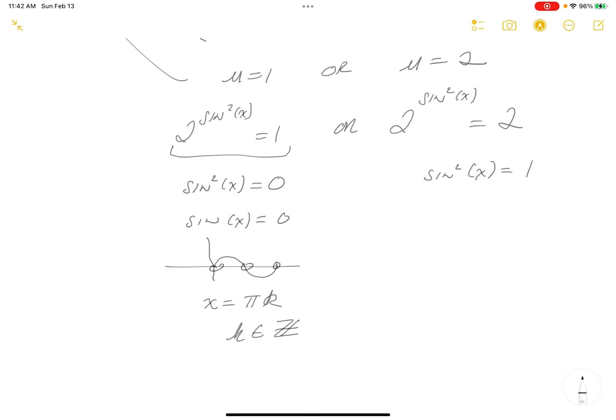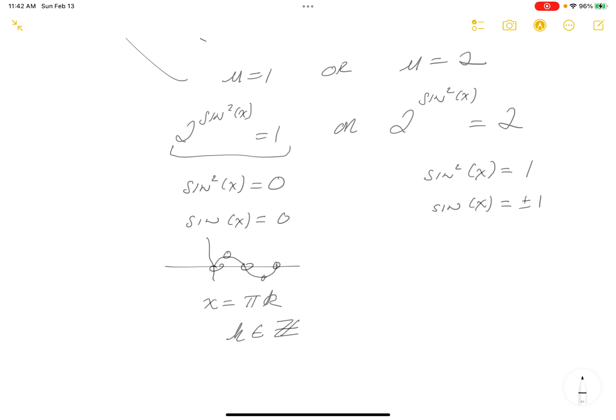If I look at the other one, a little more complicated, sine x equals plus or minus the square root of 1. Well, that looks pretty easy too, because it's going to be here or here. Just by looking at this picture, I want to point out what I mean by that.